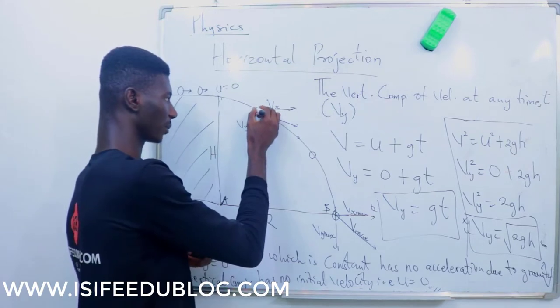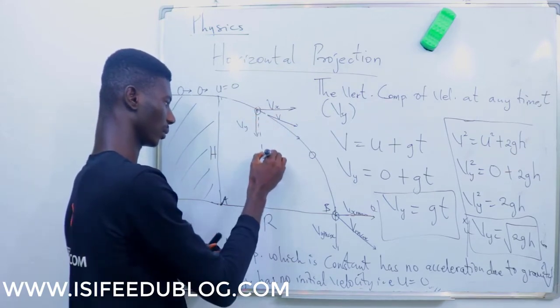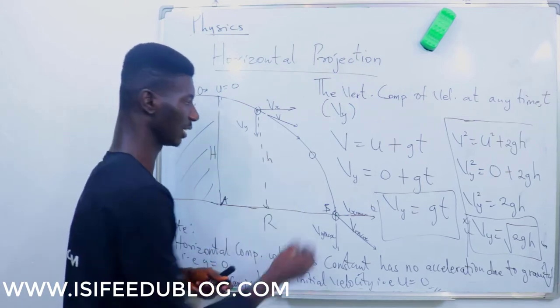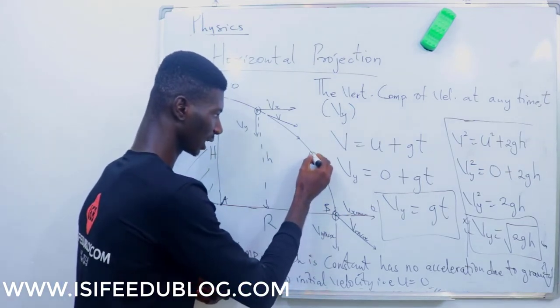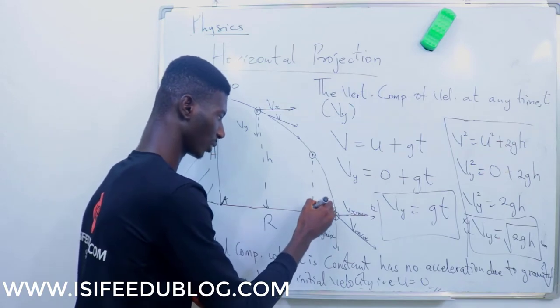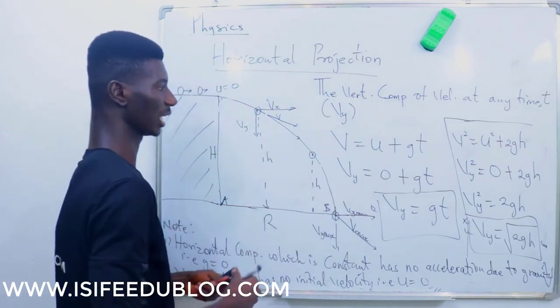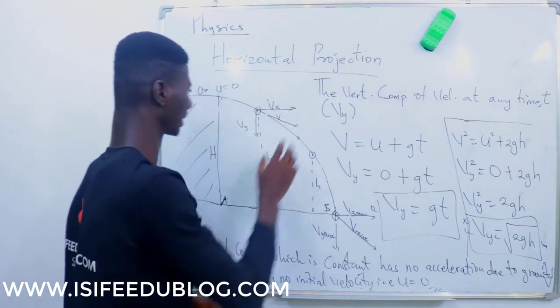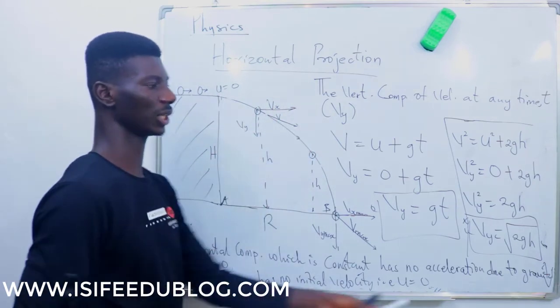Remember, it has a height from here to the ground. From here to this point. That is small h. If I'm calculating here, it has a height. This is also called small h. So any other height that this particular object reaches that is not the maximum height is small h.